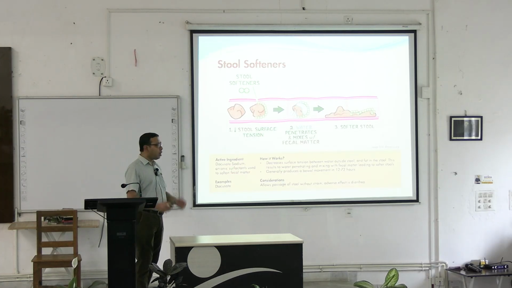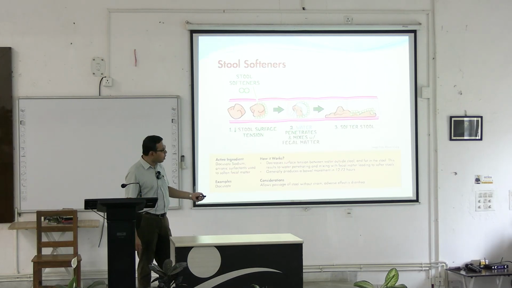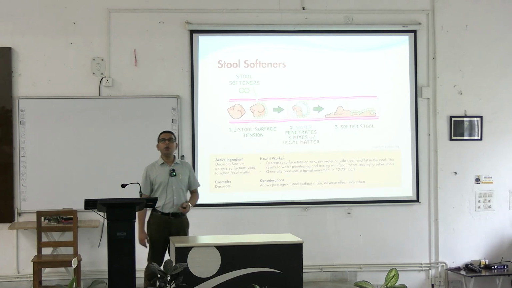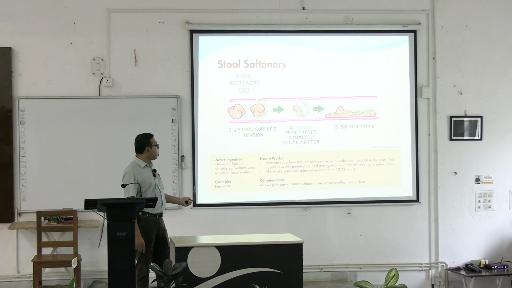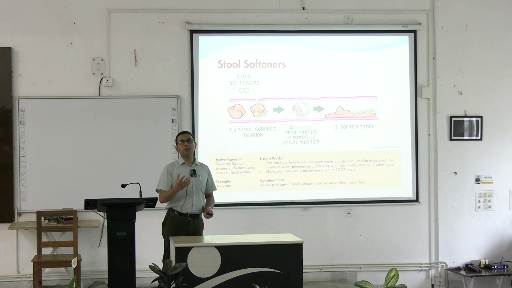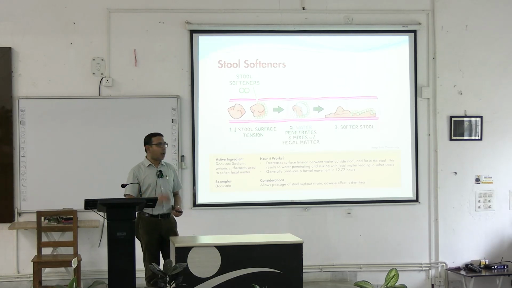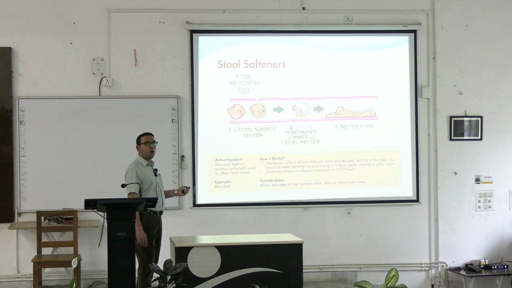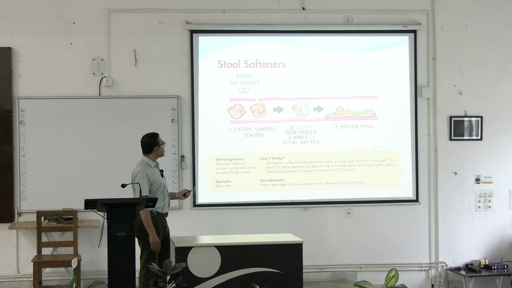It decreases the surface tension between the water outside the stool and the fat in the stool. This results in water penetrating and mixing with fecal matter, leading to softer stools, and generally produces a bowel movement in 12 to 72 hours. It allows passage of stool without strain, and the adverse effect is usually diarrhea. Usually the adverse effect of all these anti-constipation agents is diarrhea. So this is how the stool softeners act.